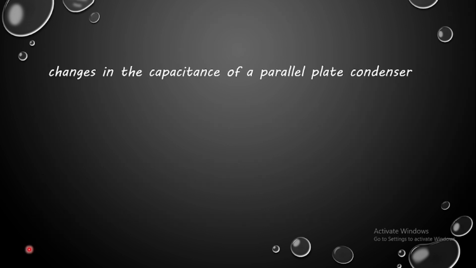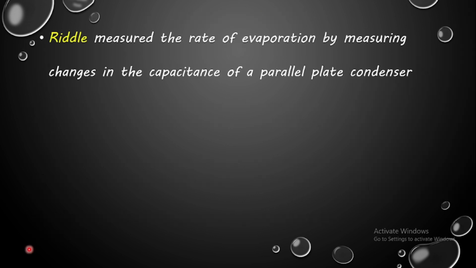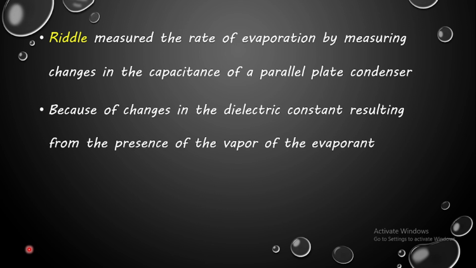And then another scientist named Riddle measured the rate of evaporation by measuring changes in the capacitance of a parallel plate condenser, which was due to the changes in the dielectric constant resulting from the presence of vapor of the evaporant. Whenever evaporation takes place, because of the vapor, the dielectric constant is going to change.